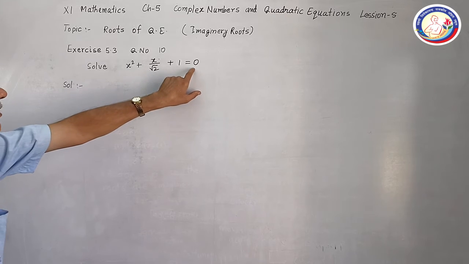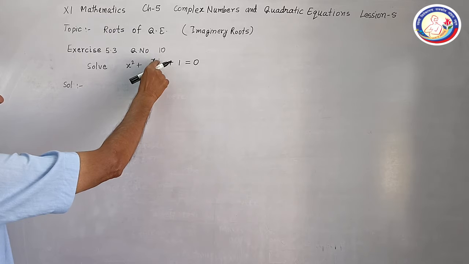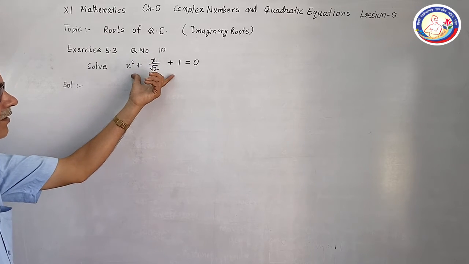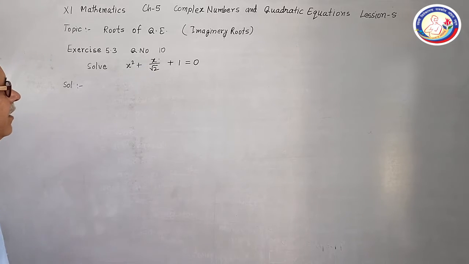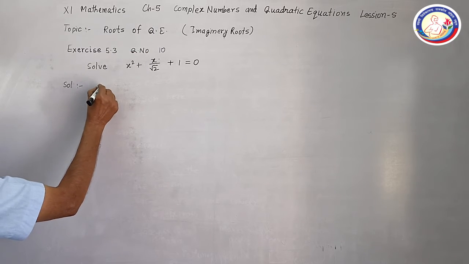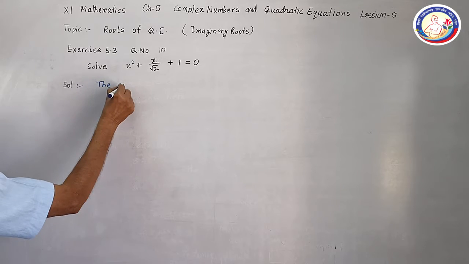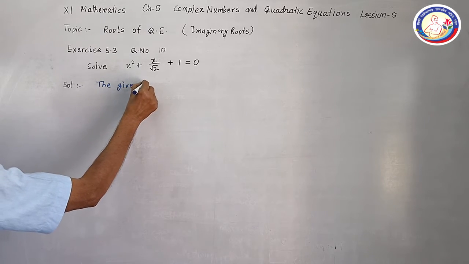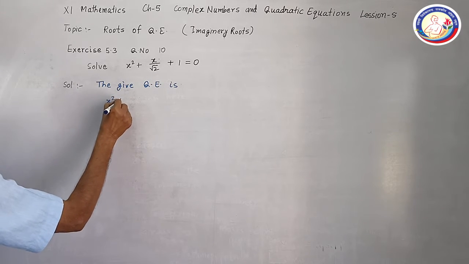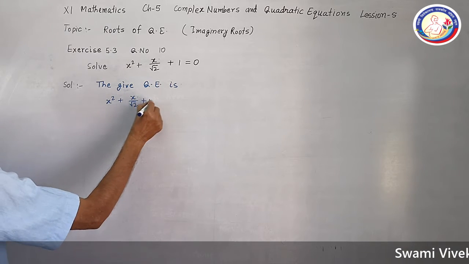Solve this quadratic equation. Here we are having the coefficient of x as 1 by root 2. We can use it in the present form, or we can change it. The given quadratic equation is x square plus x by square root of 2 plus 1 equal to 0.